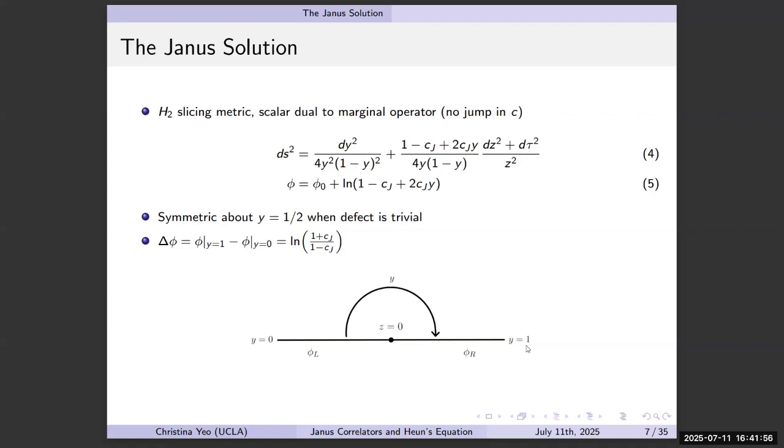So if you turn off CJ, the metric is not just the trivial Poincare metric. It's more complicated. Even if you turn off CJ, the typical Poincare metric is dz squared plus d tau squared plus dy squared over z squared, but now you have some weird 1 over y, 1 minus y factors.